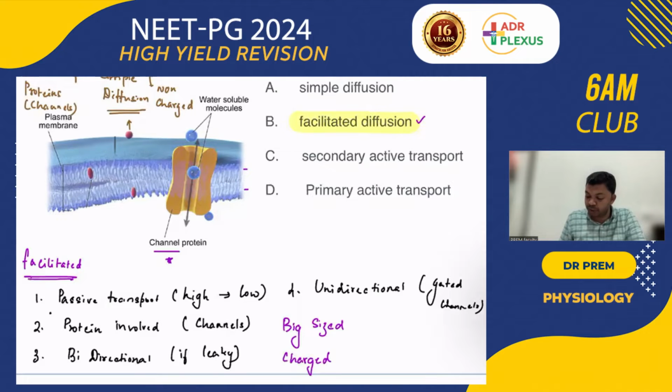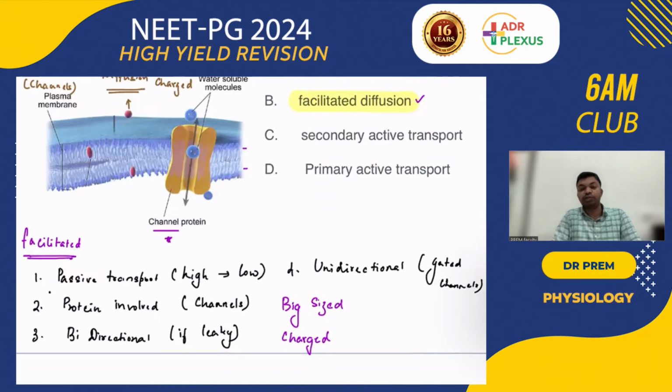So huge molecules like glucose, and charged molecules like sodium and potassium ions, will be transported by facilitated diffusion. And obviously, active transport, be it primary or secondary, requires the presence of adenosine triphosphate. A secondary active transport will be dependent on primary active transport.